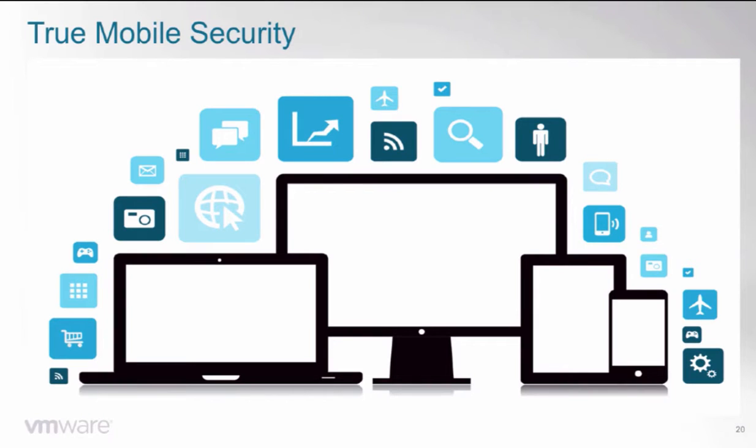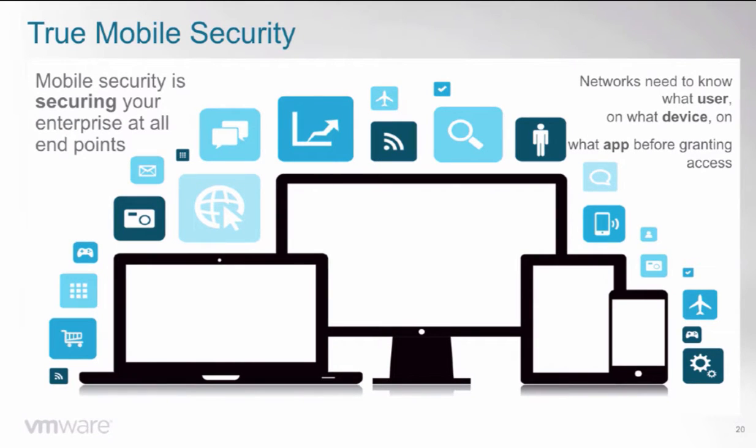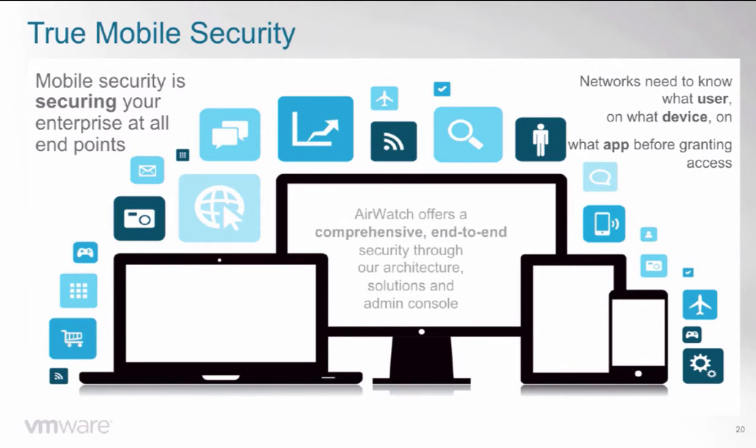At VMware, we believe that effective mobile security means securing all mobile endpoints, networks, and applications for all of our user sets. And we believe it really can only be accomplished with a flexible and software-based networking approach. Application-level access is critical, and policy and management controls that simplify these processes, not make them more complex.